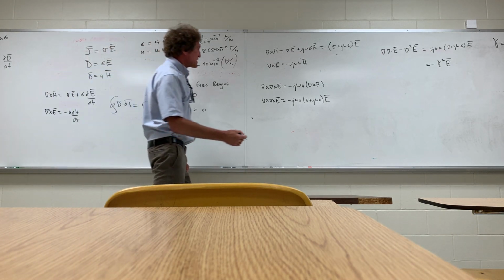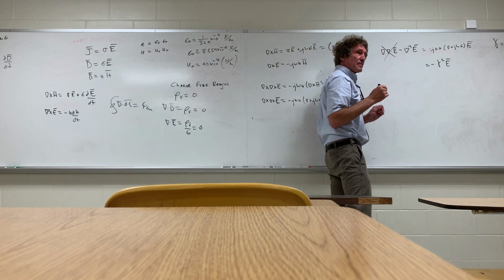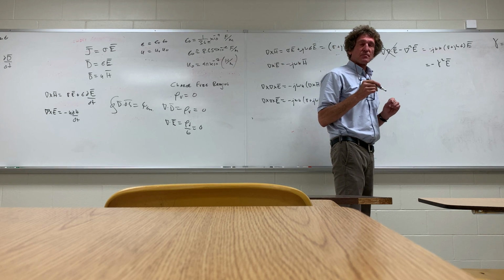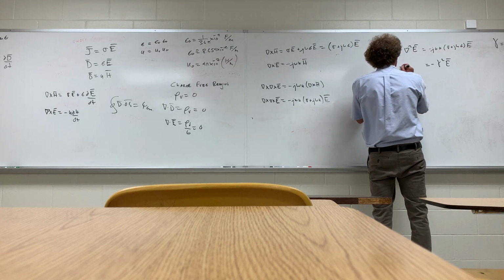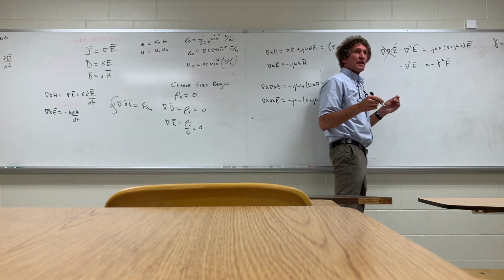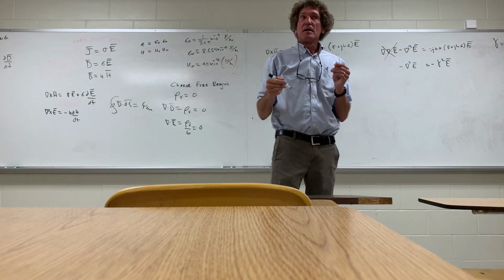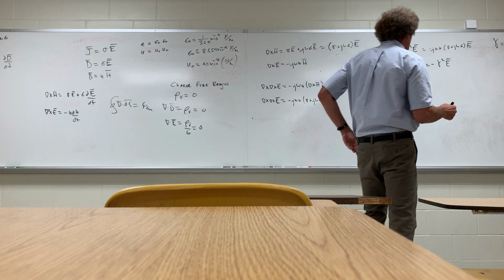What that means is this term right here goes away. That's based on the assumption. We're building to something called the wave equation. I just want to let you know. So now, if that's 0, I have this equation: minus del squared of E equals that, right? Now, I'm going to group everything on one side, set it equal to 0.